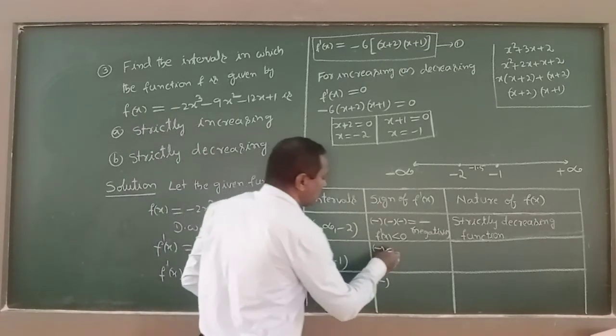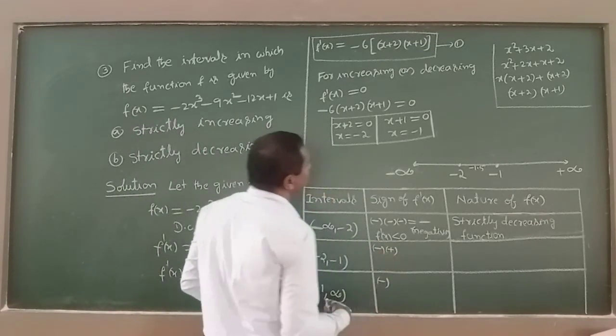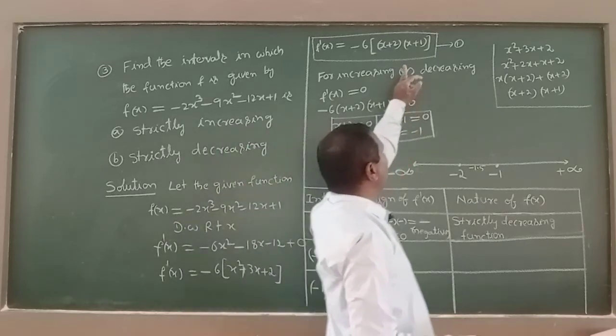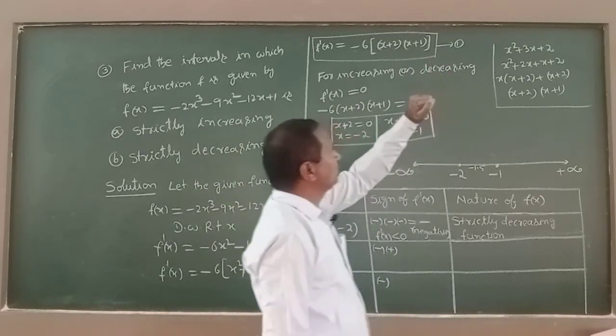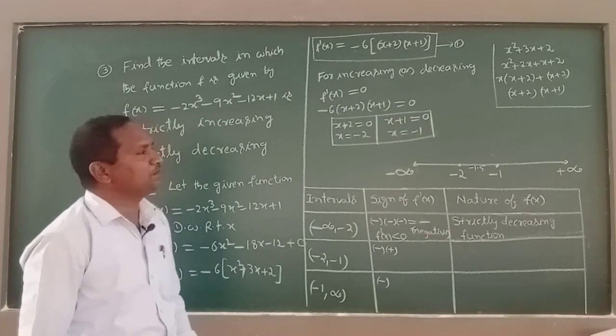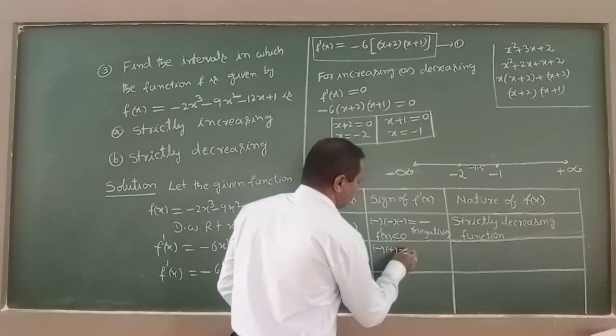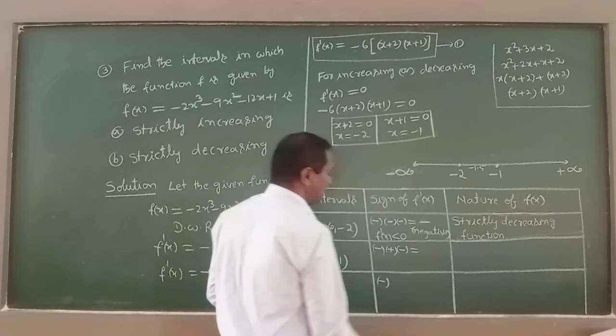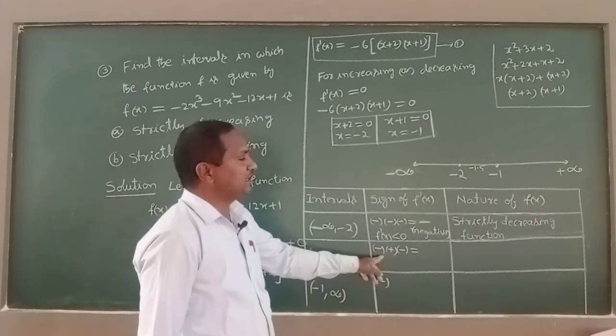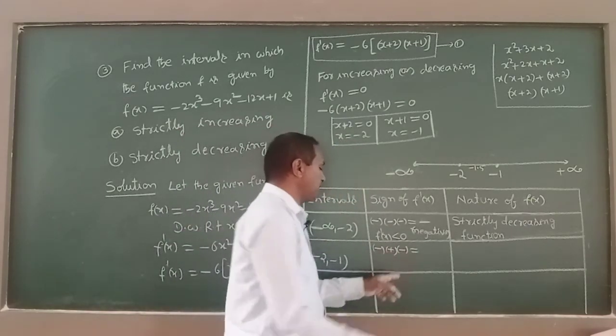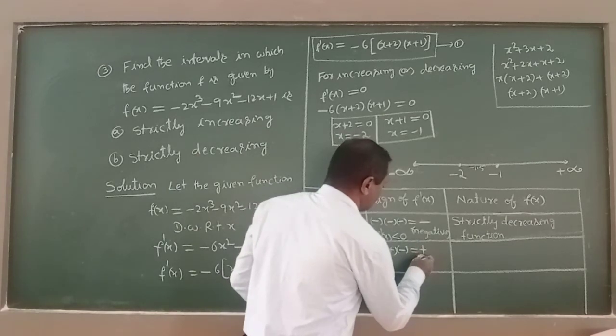That is a plus symbol. Minus 1.5 plus 1 means minus 0.5. It is a minus. That's why minus to plus minus, minus to minus plus. It is positive. That's what we can write here.